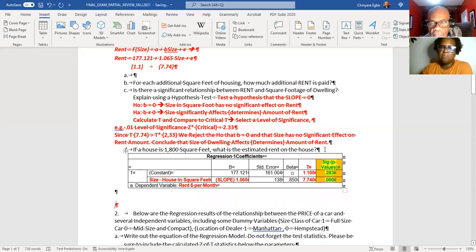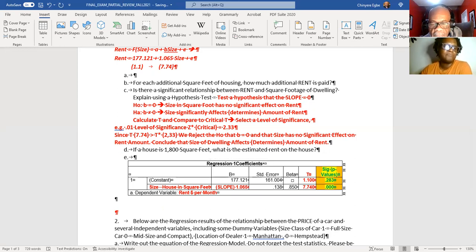So question number 3 says, if a house is 1,800 square feet, what is the estimated rent on the house? We nevertheless are going to use the amount of rent for 1,800 feet.